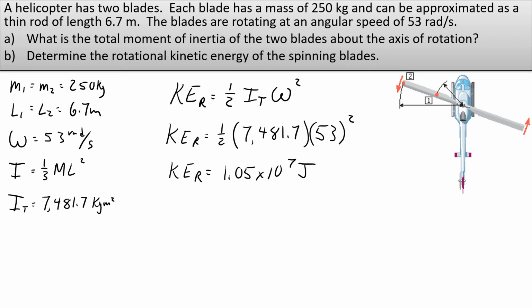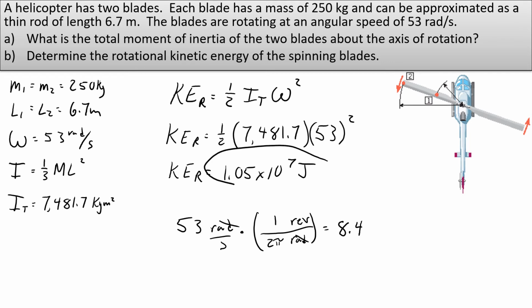So just so we could see, 53 radians per second, in case you forget how to convert, the radians go on the bottom, so they cancel. I want to see how many times it spins in 1 second. Okay, so 53 divided by 2 pi gives you 8.4, which compared to this number doesn't seem that big, but what are we talking about here? 8.4 revolutions every second.